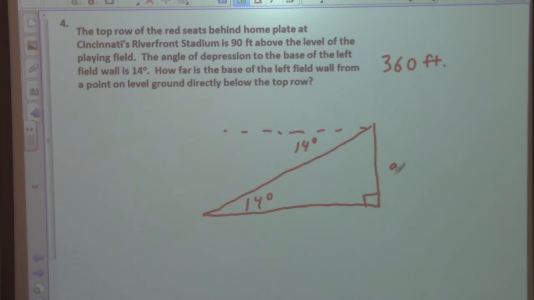And this is 90 here? And so you wanted this distance here, is that it? Yes. And then I used tangent. So tangent of 14 degrees is equal to 90 over D. And then solve for D, is that it? Okay, good work, Mr. Greiger.